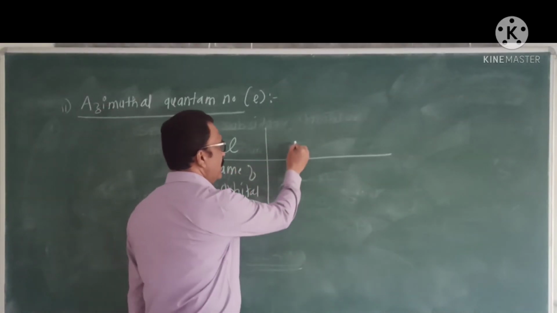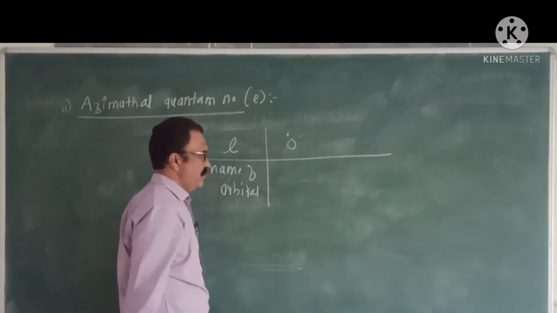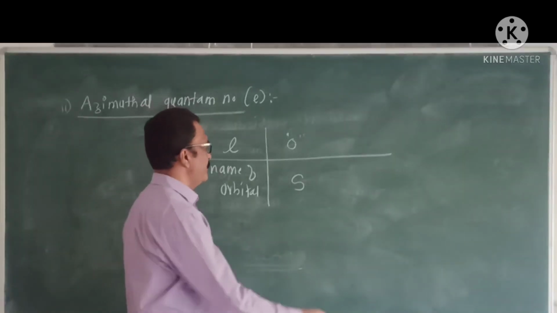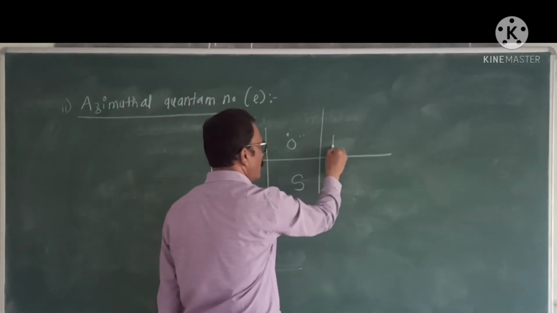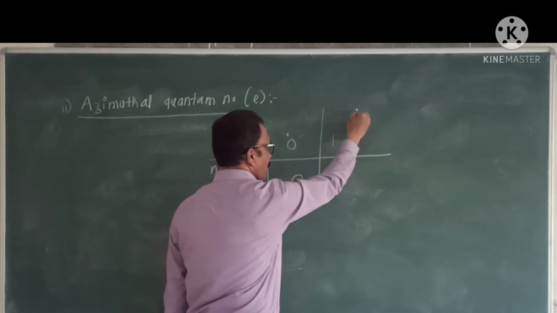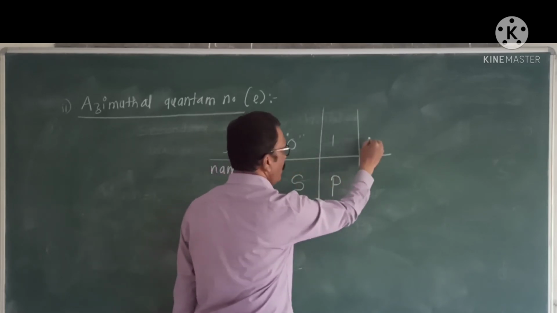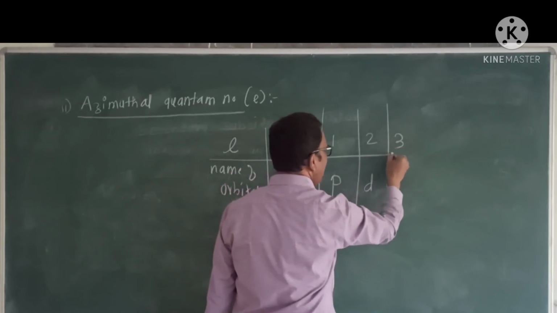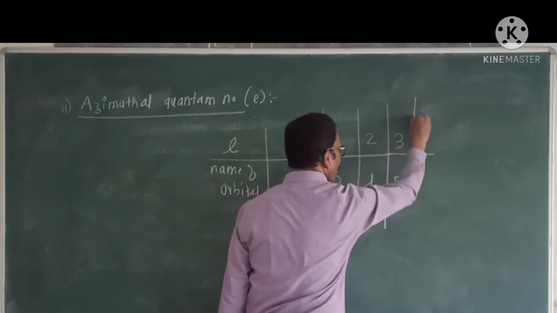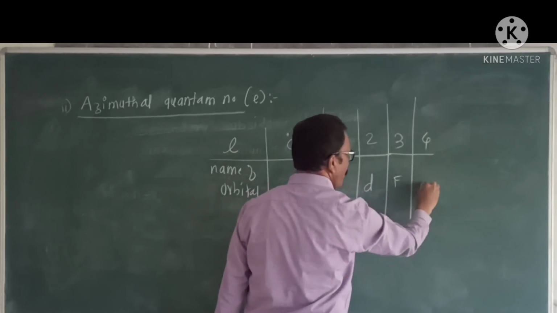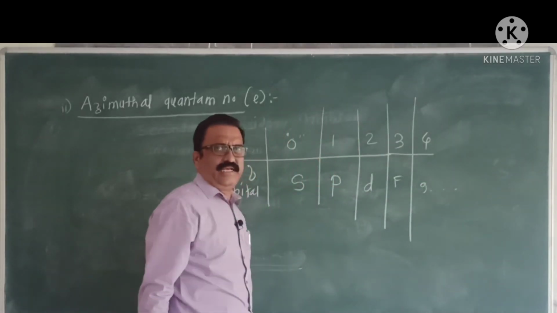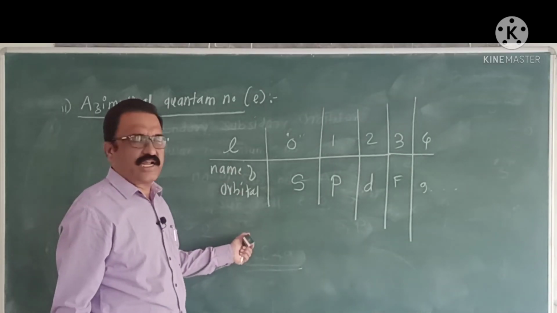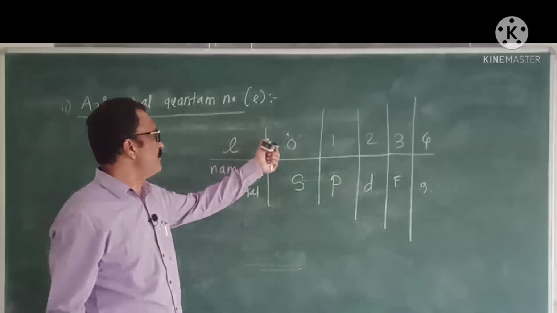When l is equal to 0, it is s orbital. When l is equal to 1, it is p orbital. When l is equal to 2, it is d orbital. l is equal to 3, f orbital. l is equal to 4, and so on. The names of orbitals are obtained from the values of l.